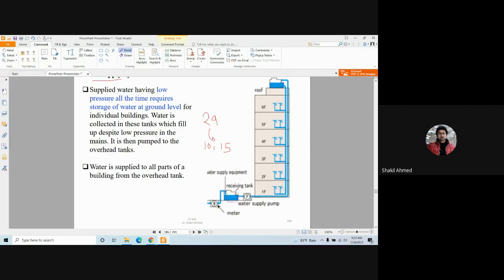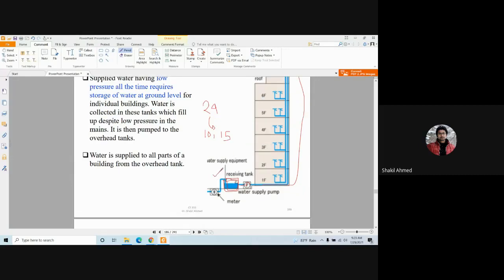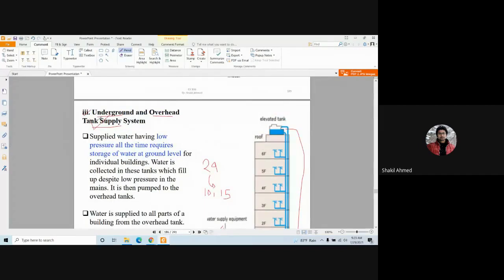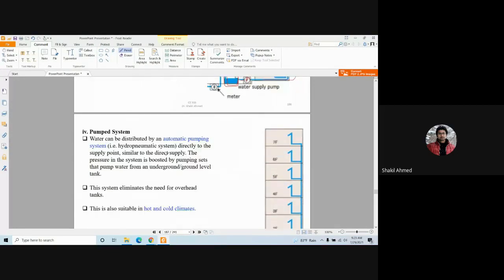This is the underground water tank where you store this water. And then using a pump you lift the water to the overhead tank and then supply the water. This is the most common method of supplying water.